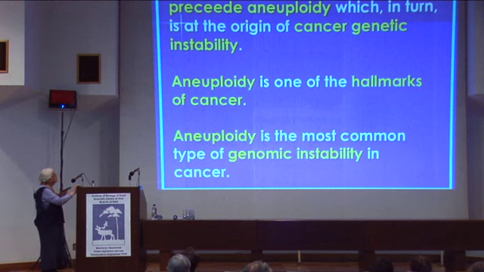Tetraploidy is considered to precede aneuploidy, which in turn is at the origin of genetic instability in tumors. Aneuploidy is nowadays one of the hallmarks of cancer. It is the most common type of genetic instability in cancer.